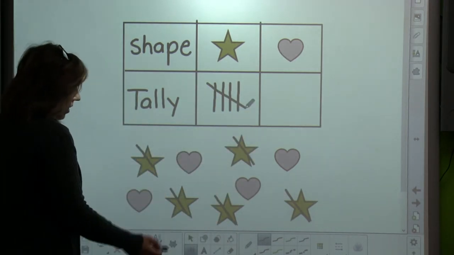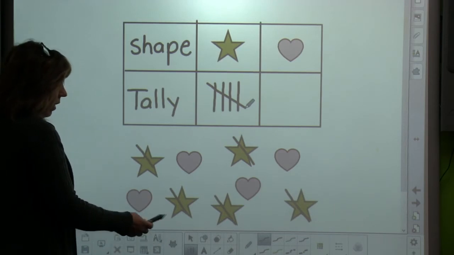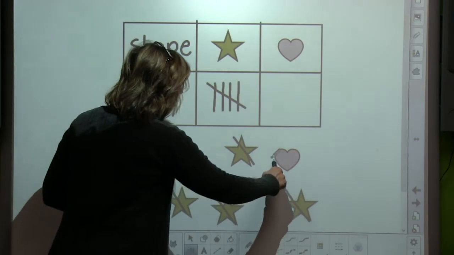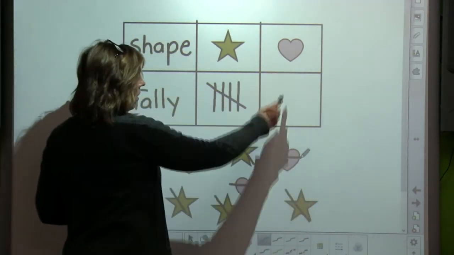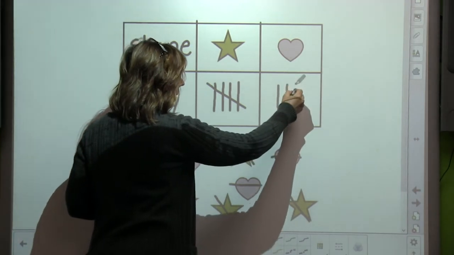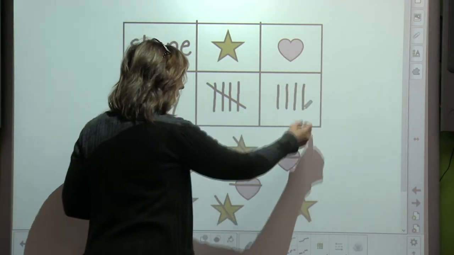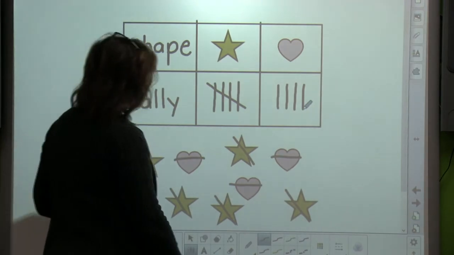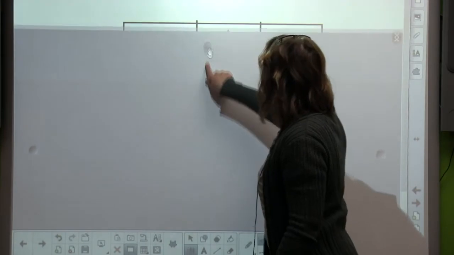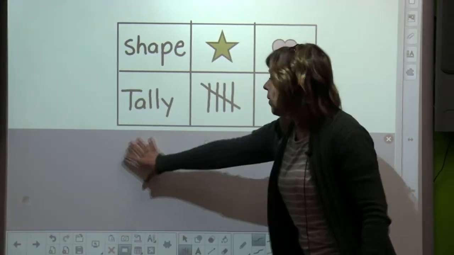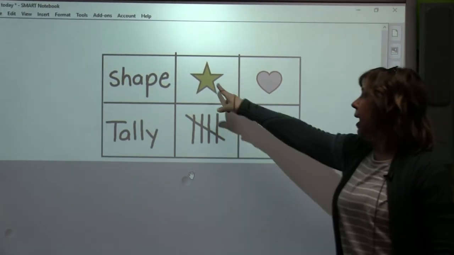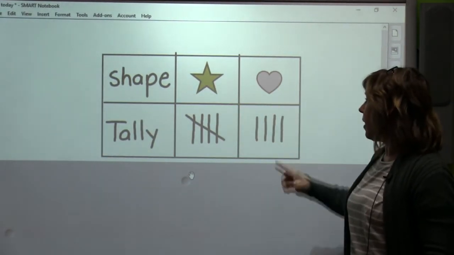Okay, let's count hearts now. Ready? Go. 1, 2, 3, 4. So under the heart, I'm going to make 4 tally marks. 1, 2, 3, 4. Now the idea behind this is that you should be able to tell, without even looking down here, by looking at my tally chart how many stars I had and how many hearts I had.